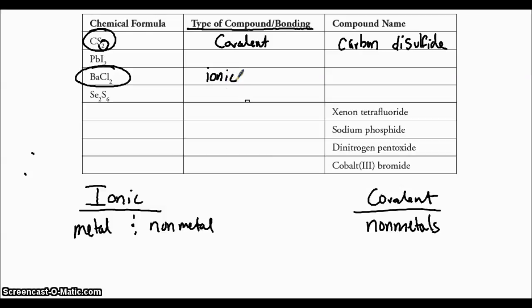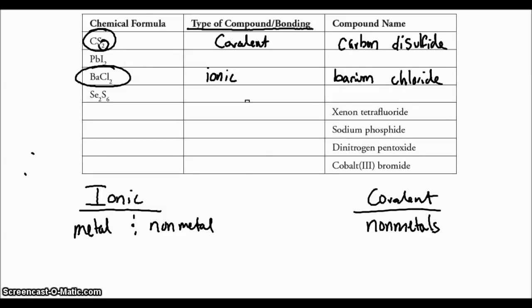And so when we name ionic, there's no prefixes whatsoever used no matter what. So Ba is barium, Cl is chlorine, it'd be chloride. Even though there's 2, there could be 100 of them, it doesn't matter. We don't put a prefix for the ionic. So when it's ionic, no prefixes whatsoever.